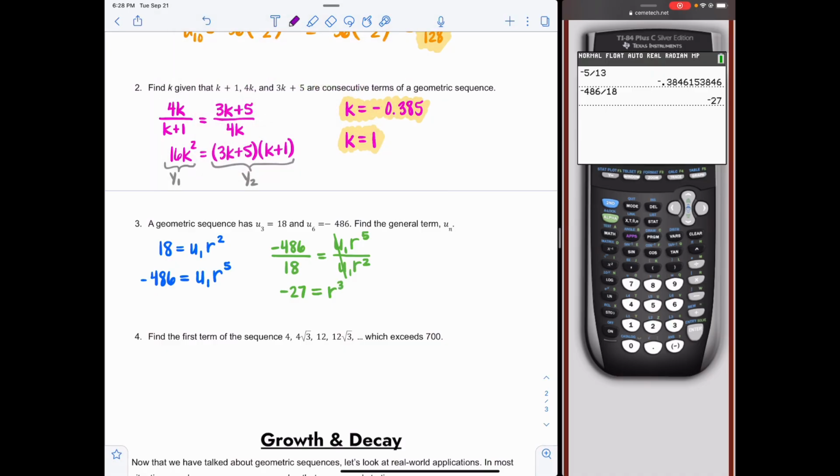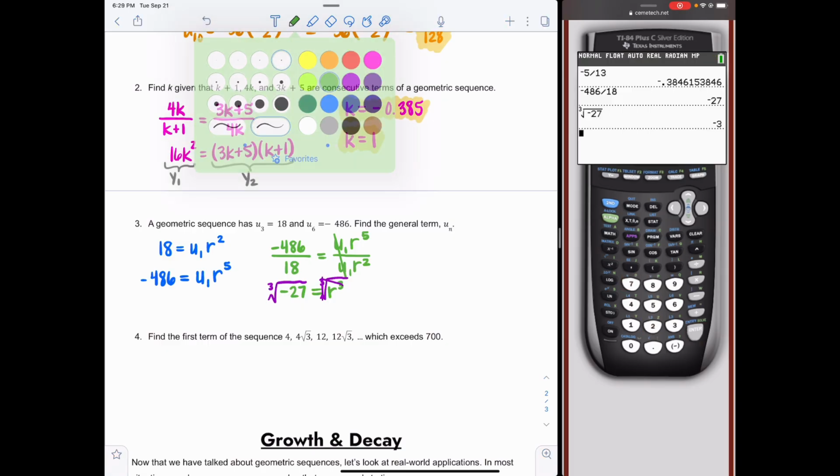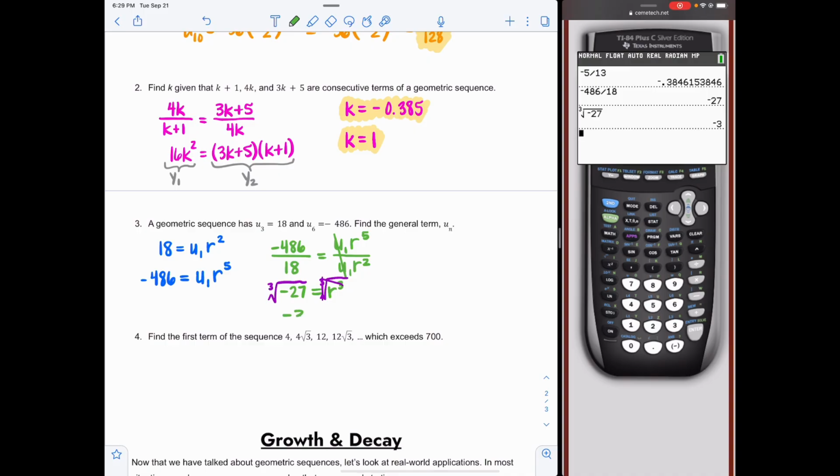Now, in order to get r by itself, we have to take the cube root of both sides. My cube is going to cancel on the right. If I press math and go down to number 4, I can pull up the cube root and put negative 27 on the inside of it. I end up getting that r is equal to negative 3.